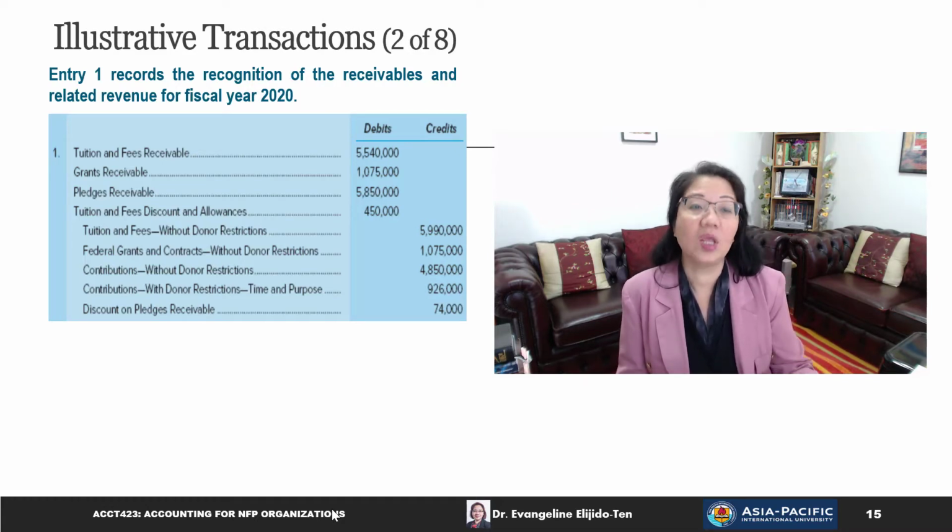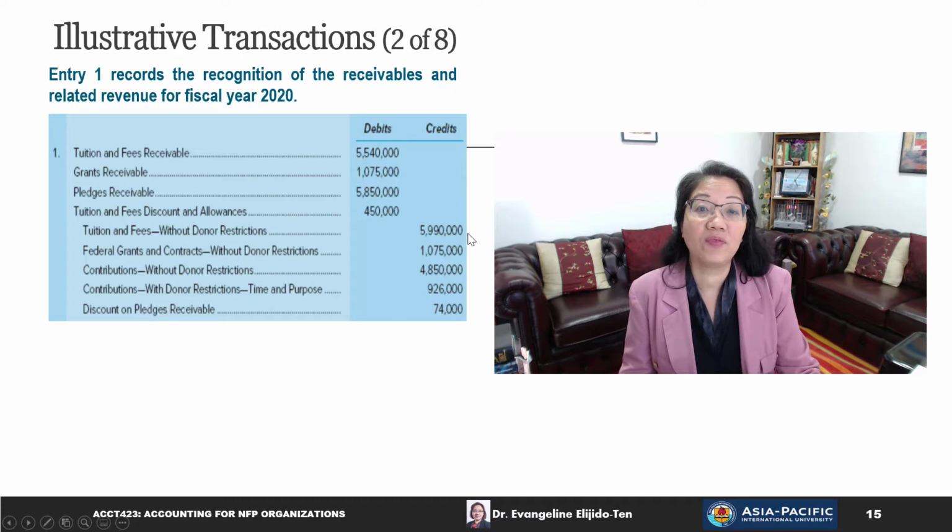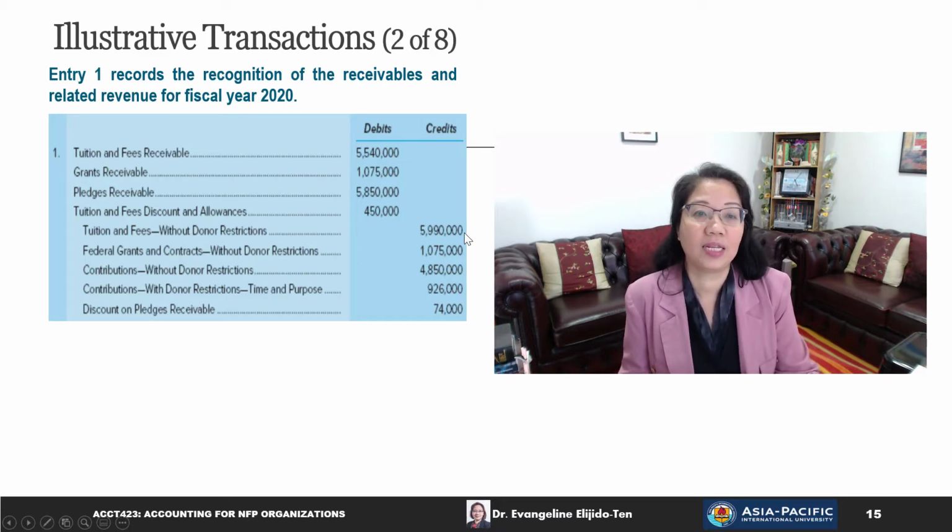Our credit would be to tuition and fees without donor restrictions for the full amount of $5,990,000. So that includes both the tuition and fees receivable and the tuition and fees discount and allowances. The total of those two figures as given was $5,990,000.